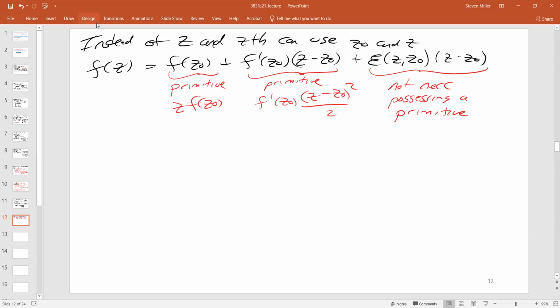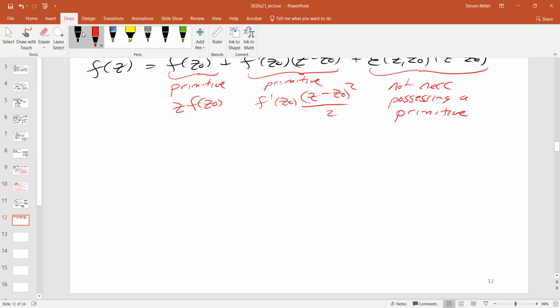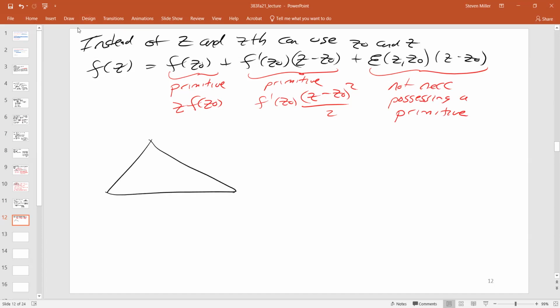And so when we try to figure out what is going on for the integral over one of these small triangles, here's one of our triangles at the nth level. And we're doing the integral over this triangle Tn of f of z dz. Well, what's the contribution from the f of z naught?